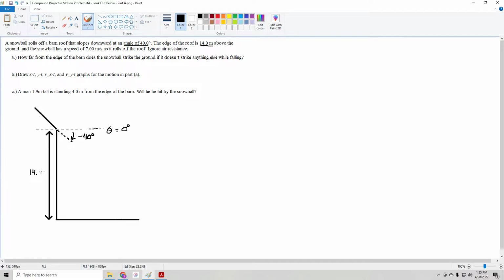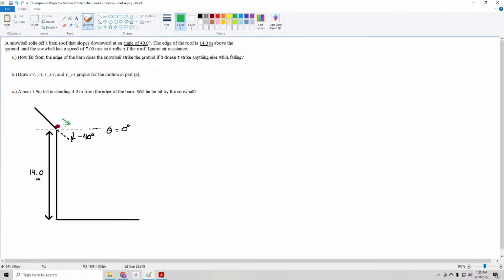14.0 meters. And we're told that the snowball has a speed of 7 meters per second as it rolls off of the roof. If I draw the snowball with maybe like a brownish color, brownish reddish, I guess, I will indicate that speed, we'll call it maybe like an initial speed with this green arrow.